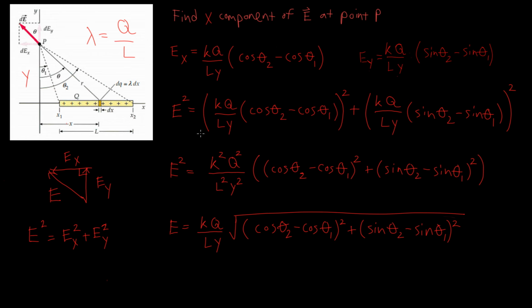When we take the square root of both sides, the final expression for the electric field at point P is this entire expression right here. So the value of the total electric field at point P is this entire expression.